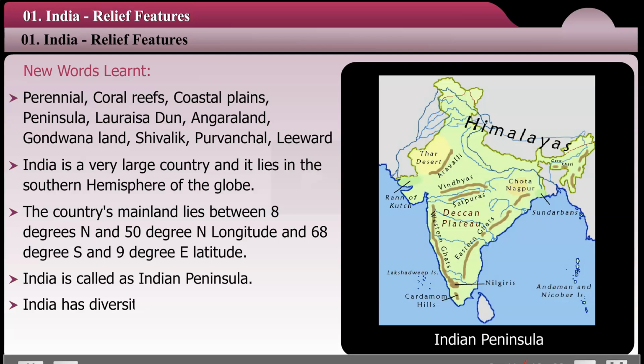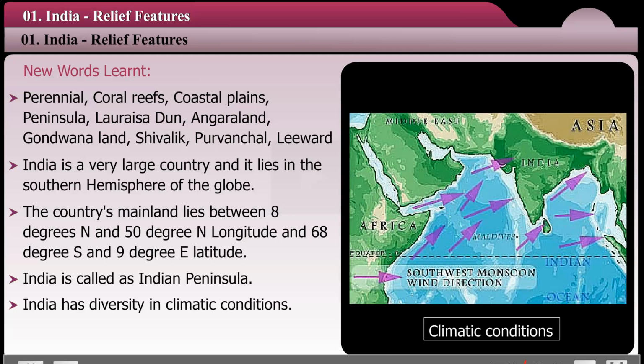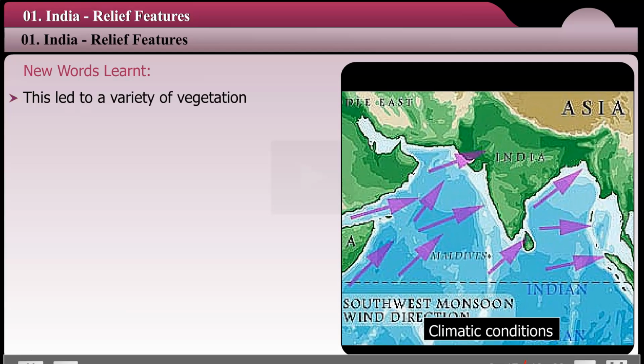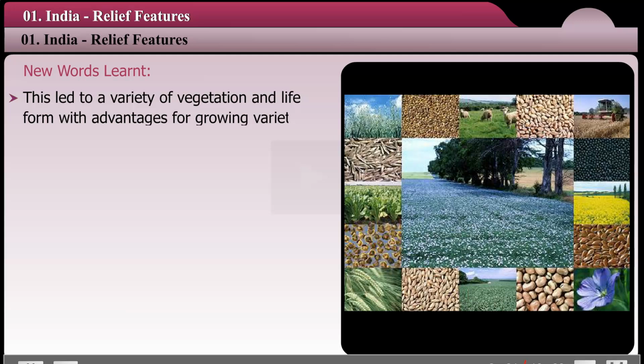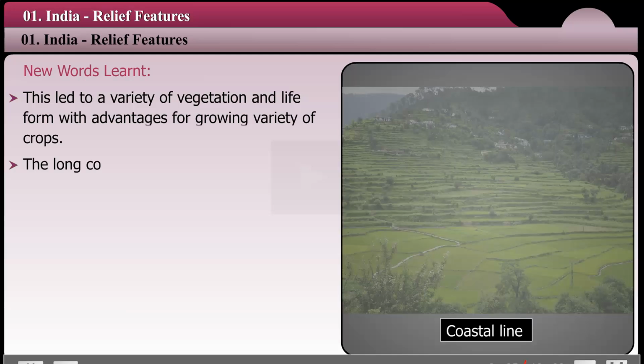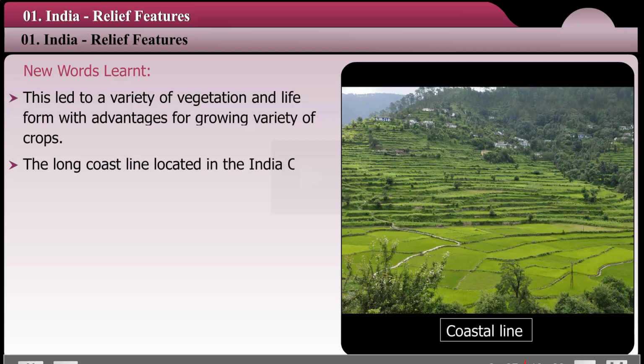India has diversity in climatic conditions. This led to a variety of vegetation and life forms, with advantages for growing a variety of crops. The long coastline located in the Indian Ocean enables trade routes as well as fishing.